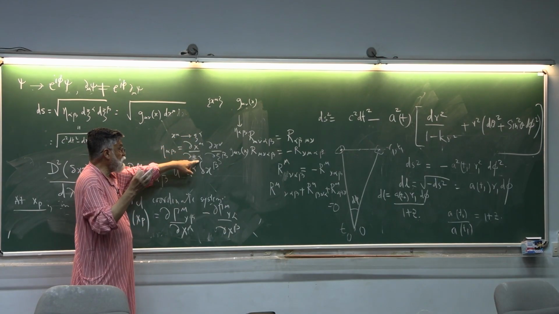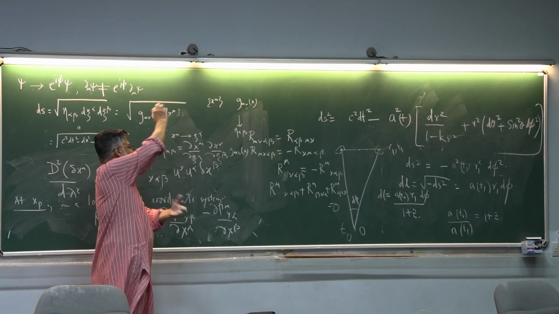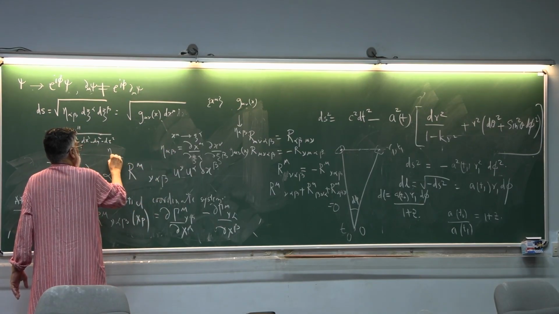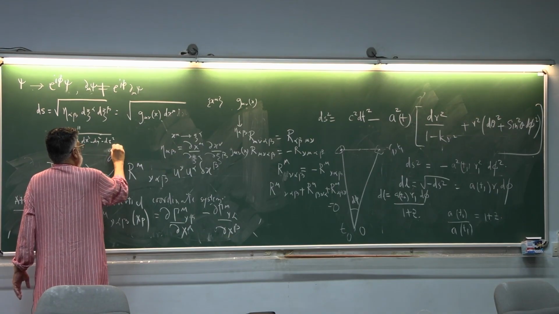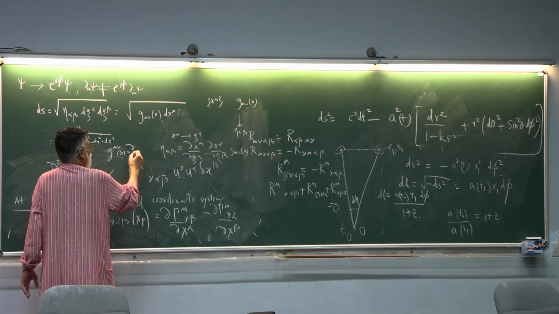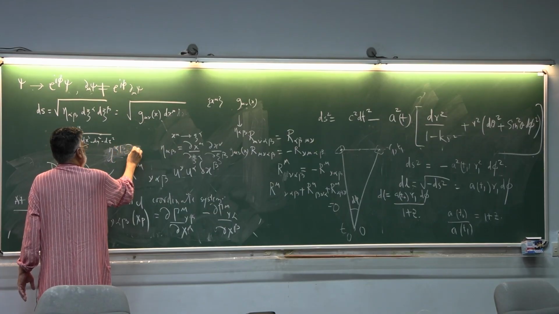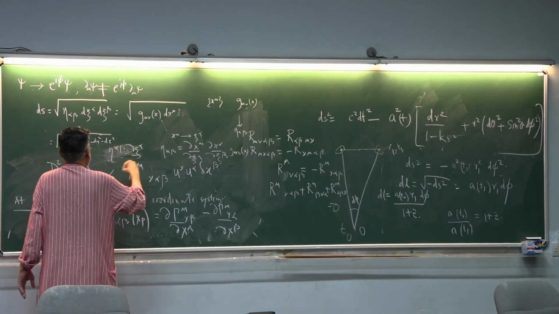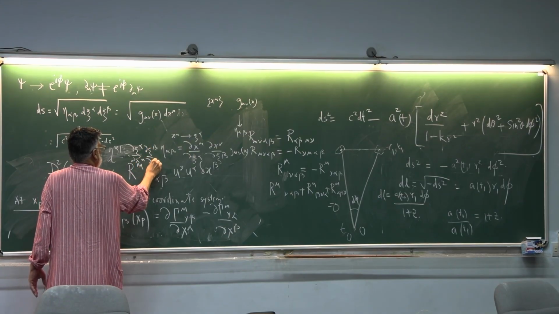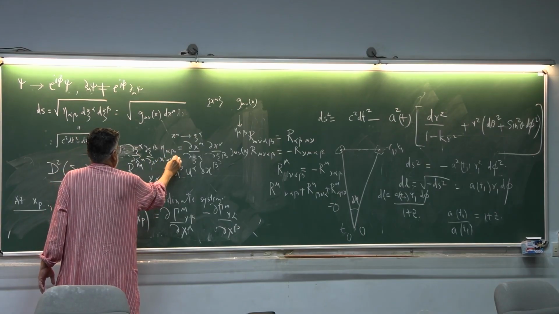Given x's, I have to choose xi alpha and set up this differential equation. Or you can do the inverse. In the inverse, the equation is g mu nu of x equals del xi alpha by del x mu, del xi beta by del x nu, into eta alpha beta.